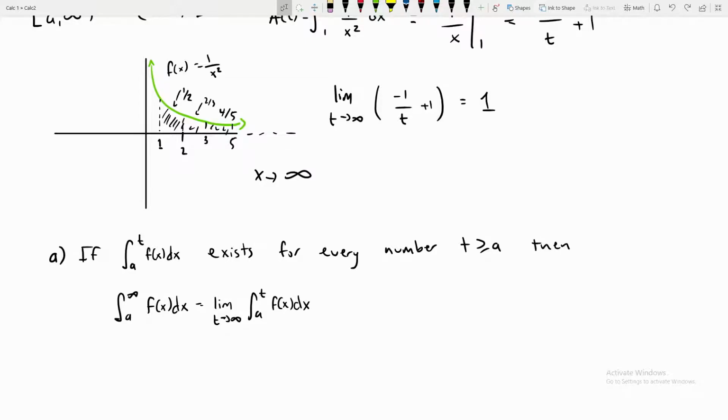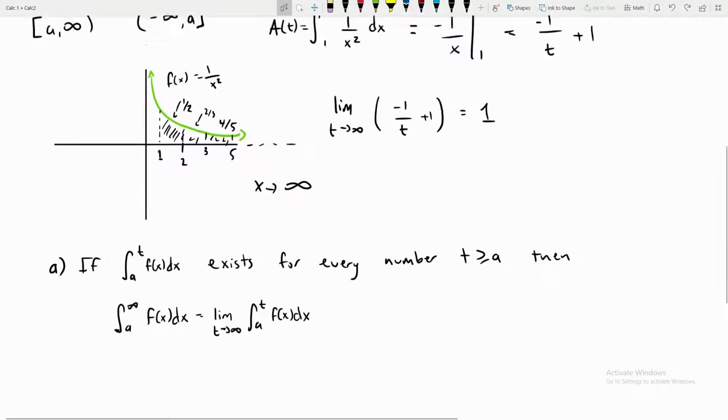And part A of this says that if we have this integral right here and it exists for every value t greater than or equal to a, meaning that the lower bound is the lowest value we're dealing with, then we can say that this integral is equal to the limit as t approaches infinity of that same integral, except now we substitute out the infinity and put a placeholder t that corresponds to that limit variable.